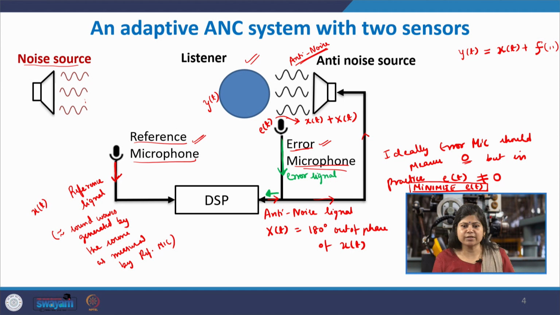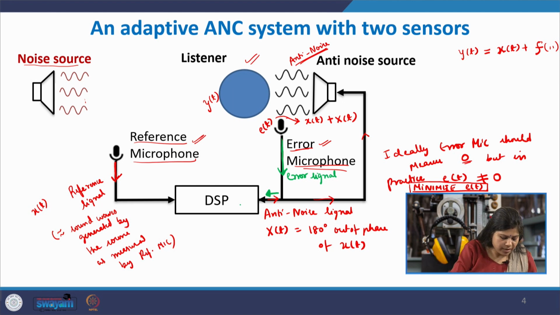Like in the previous lecture we saw for a feedback kind of system, for high frequencies where the fluctuations are very fast, in a highly rapid environment, the short time lag between the reference signal and error signal will have an impact. But in a steadier environment, this small fraction of time lag does not matter.